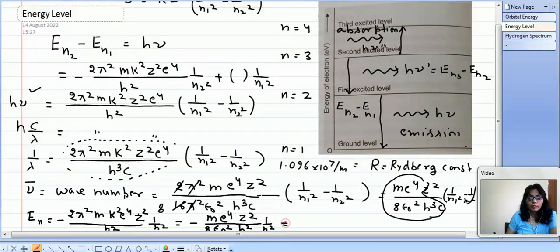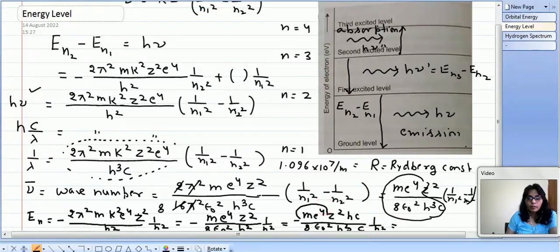Now let us multiply it by hc in numerator and denominator. Then it will become minus m e to the power 4 Z square hc divided by 8 epsilon naught square h cube c, and then 1 upon n square.